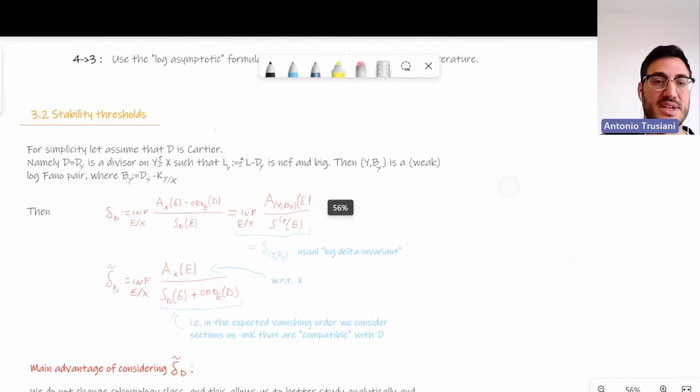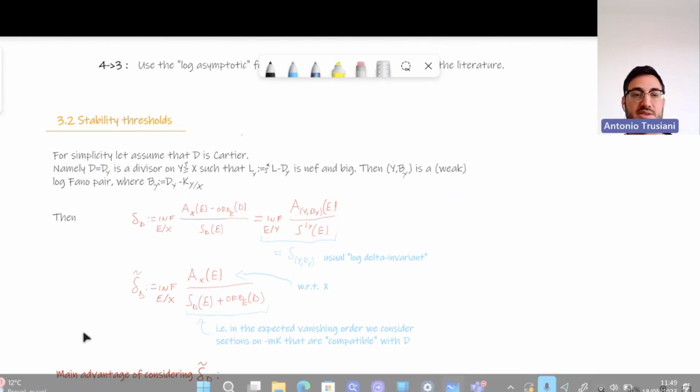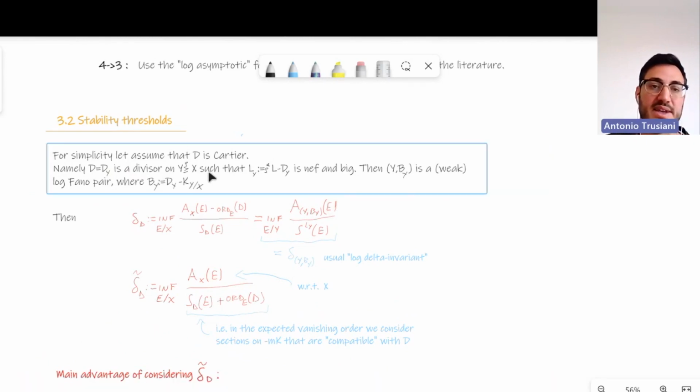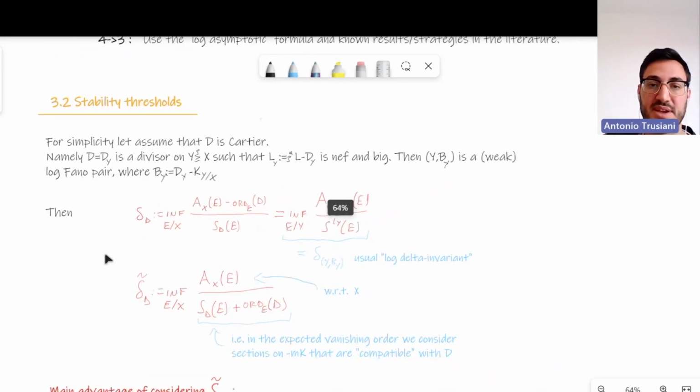So for simplicity, let's assume that D is Cartier. So D is a divisor given on some Y, and such that this line bundle L_Y is actually nef and big, when you put back L and you remove the divisor D_Y.